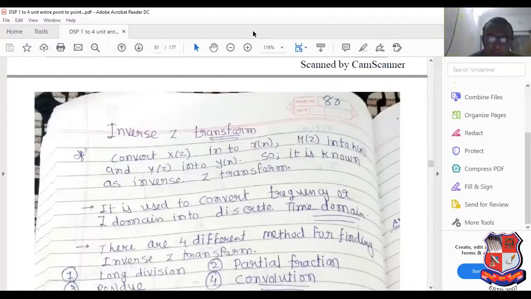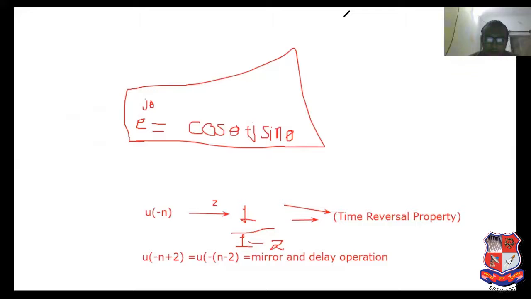What is the meaning of z transform? I repeat this here. If x of n is converted into x of z, it is known as the z transform.